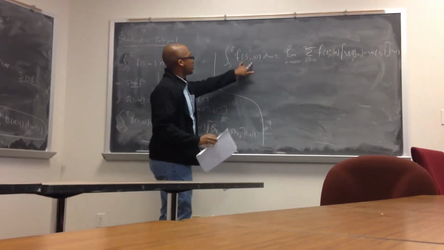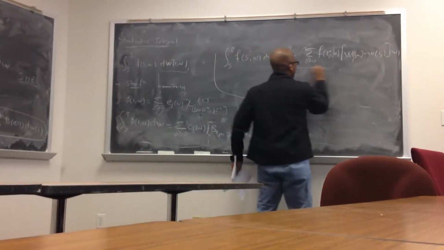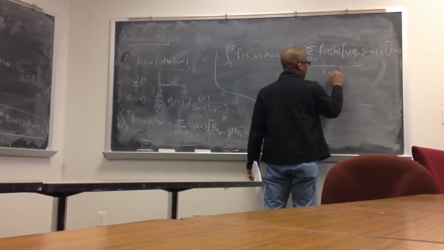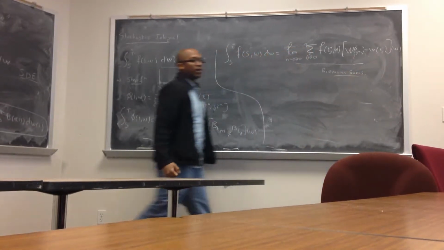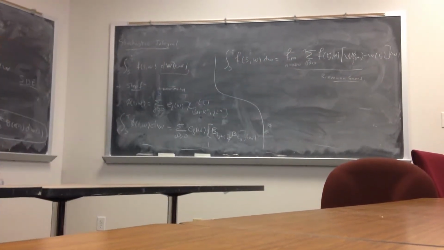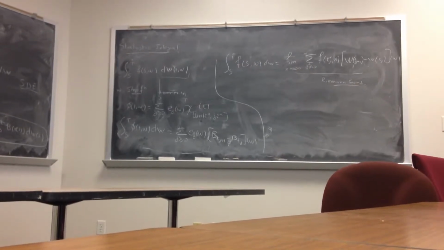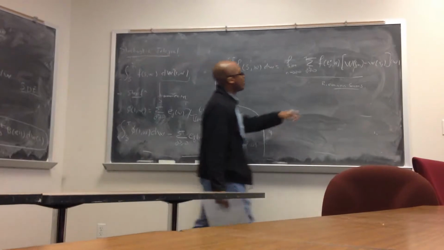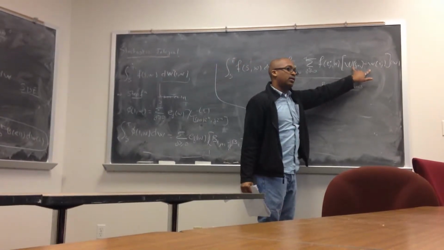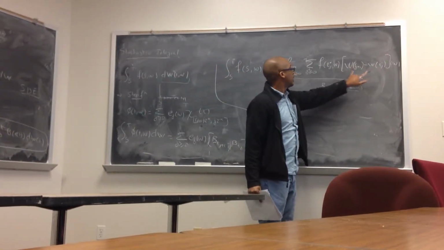Okay? So your stochastic integral is just your usual Riemann sums. Okay? This is one definition of the stochastic integral. So it's exactly like the Riemann integral, but this time you have a Brownian motion here.